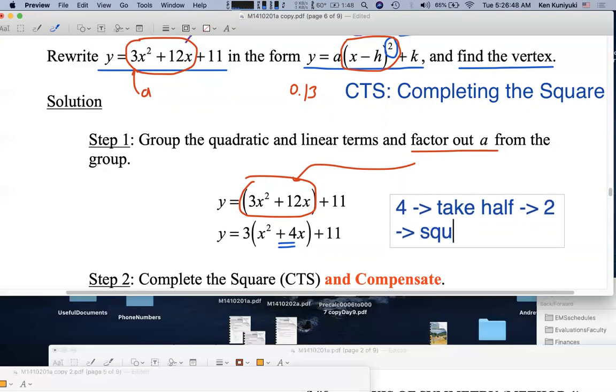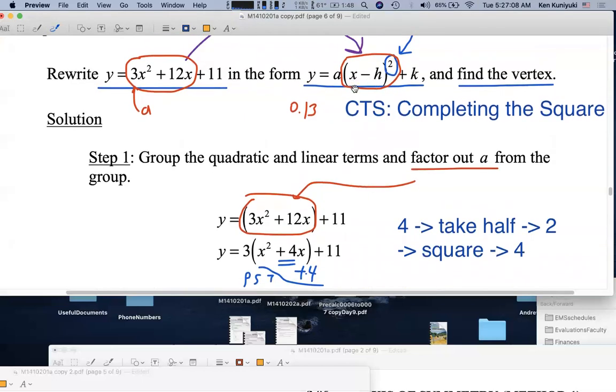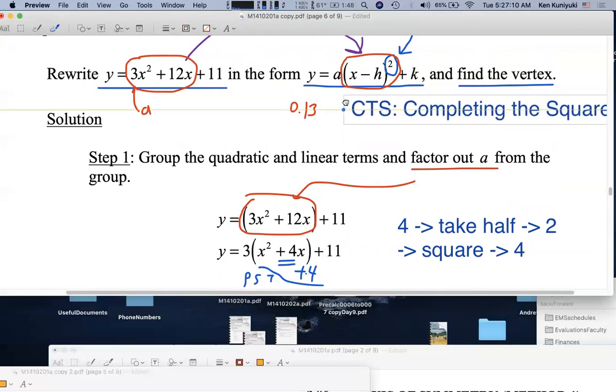When we square the 2, we get 4 again, actually. So that means that in order to complete the square, we have to put a plus 4 inside the parentheses here, so that we end up with a PST. Remember, the goal is to make this thing a PST, a perfect square trinomial, so that it can be factored like this thing, the square of a binomial over here.